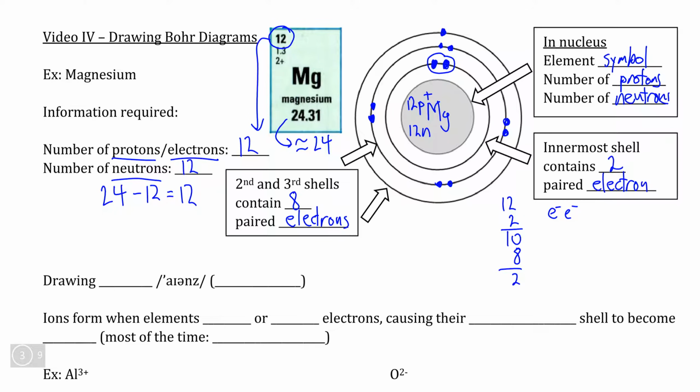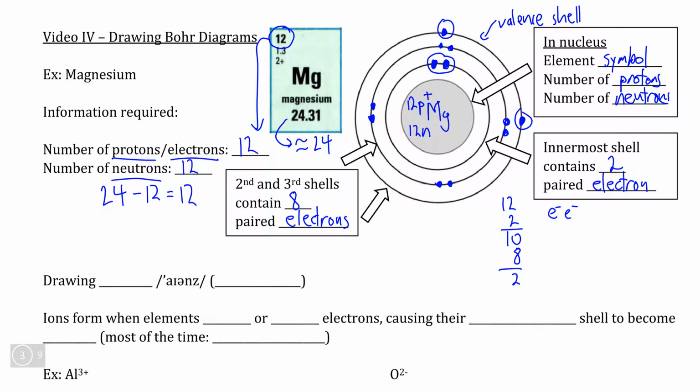So again, 1 in the north and one in the east, and we can't pair these because in order to pair them, we need to have added 4 electrons, one in each direction first. So this means that magnesium has in its valence shell, remember that's what we call the outermost layer, 1, 2 unpaired electrons like this.